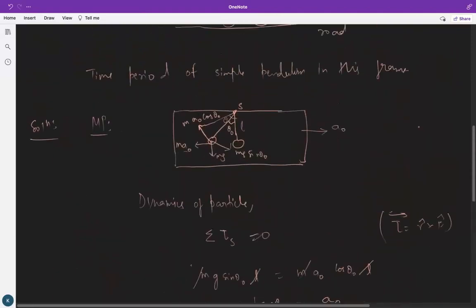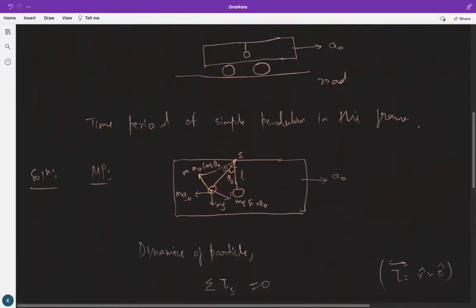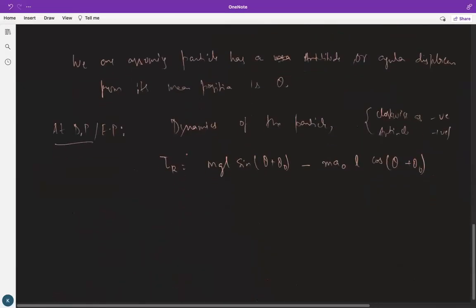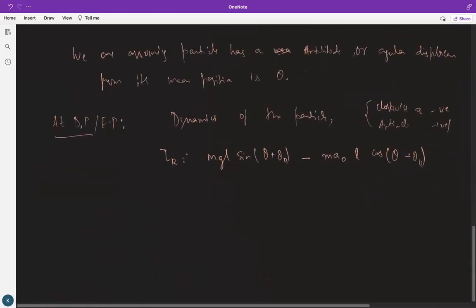You can look from here as well, right? The direction of torque by m a naught cos of theta plus theta naught is in this direction, which is clockwise, so we are considering it as negative and anti-clockwise as positive.